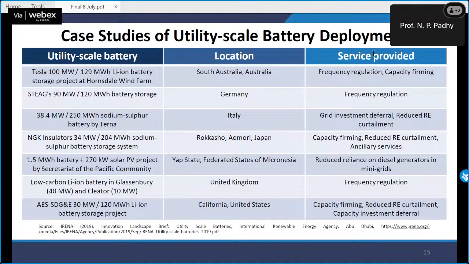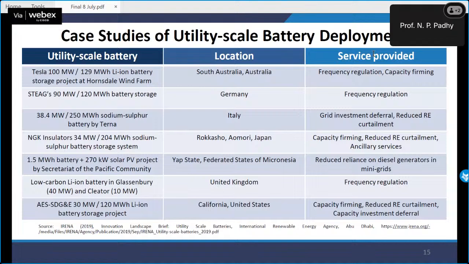This is in Yap State, and it is used for reduced reliance on diesel generators in mini grids. Low carbon lithium ion battery in Glastonbury, which is 40 megawatt, and Clatter close to 10 megawatt in UK for frequency regulation. And finally, we had 30 megawatt, 120 megawatt hour lithium ion in California, United States.